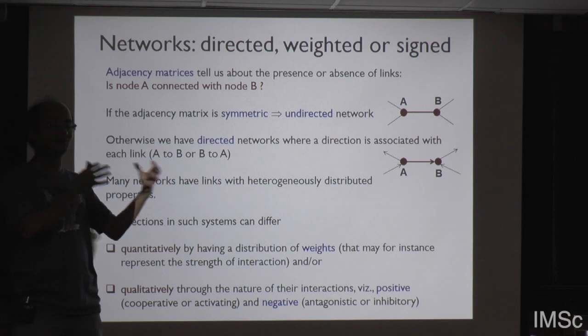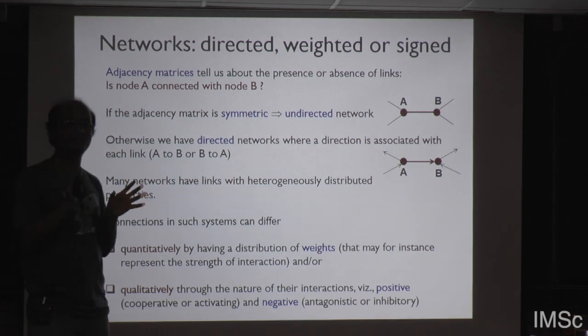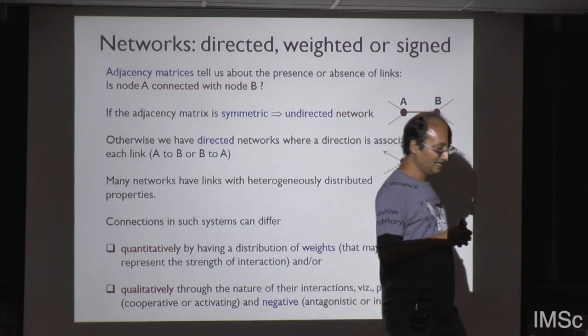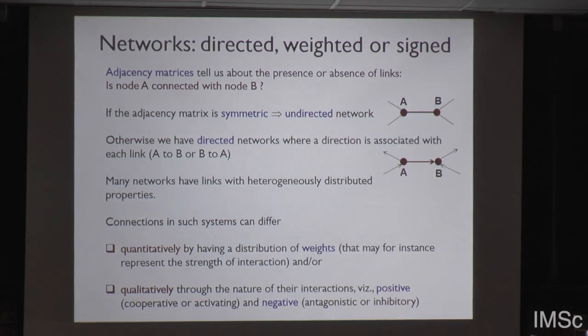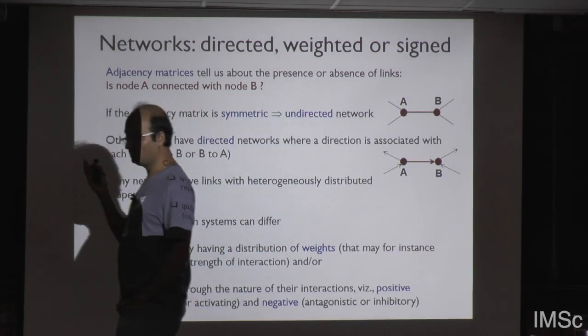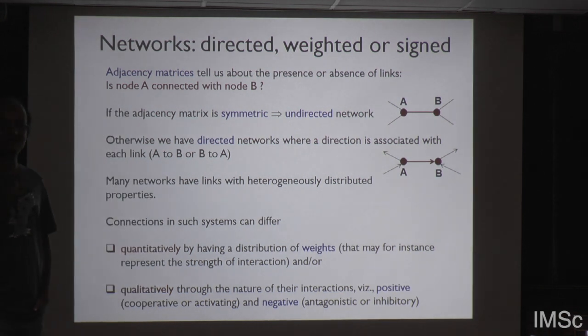If I completely ignore antagonistic relations, I will not be able to say anything about why that particular kind of clustering happens. So for applications where I need to know the nature of the interactions, whether positive or negative, those networks are represented by signed graphs, where for each link you associate a plus or a minus, representing an affiliative or an antagonistic interaction.